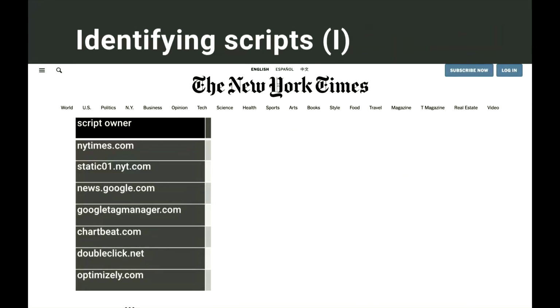So let's say we're visiting the New York Times. This is actually from the New York Times. I picked out 7 scripts that you could actually load into your browser when you visit the New York Times. You can see there's newyorktimes.com, static01.newyorktimes.com. Yeah, that's the first-party scripts, right?